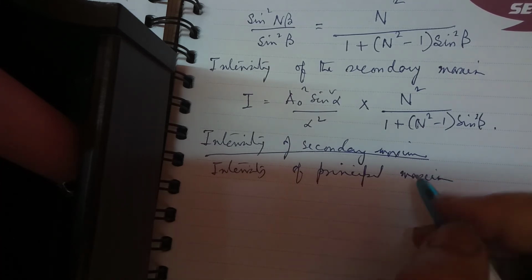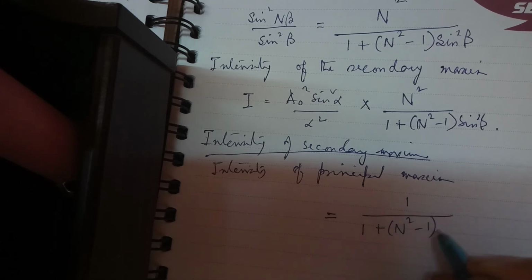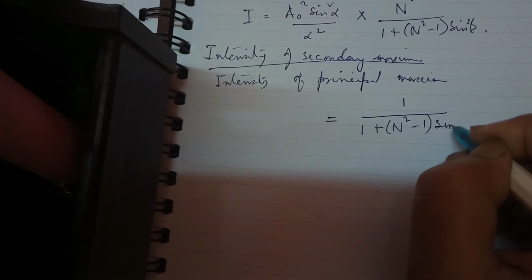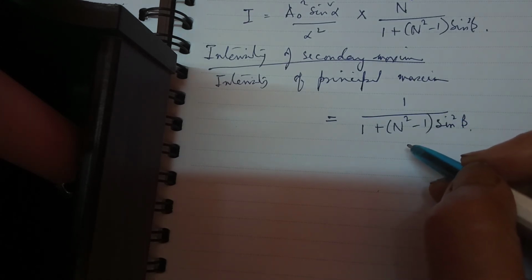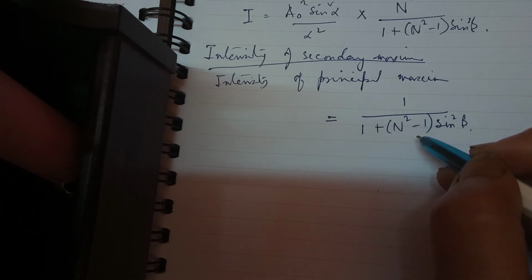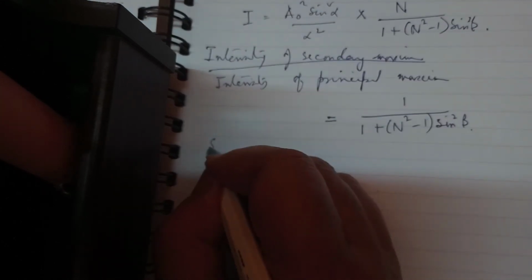Well, if you take the ratio, what you get is basically 1 by 1 plus n square minus 1 sine square beta. So it is clear that as n increases, the intensity of secondary maxima relative to principal maxima decreases and becomes negligible when n is very large, isn't it? So this is the reason why secondary maxima are not visible with a grating.